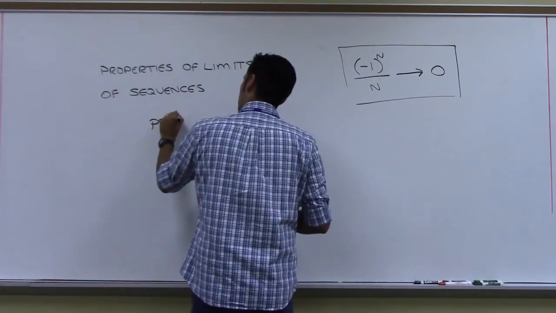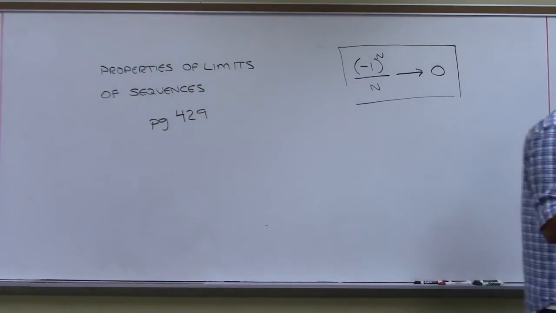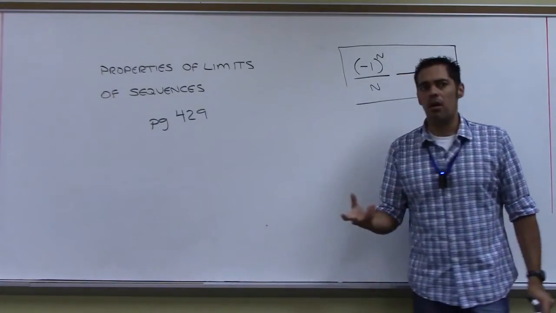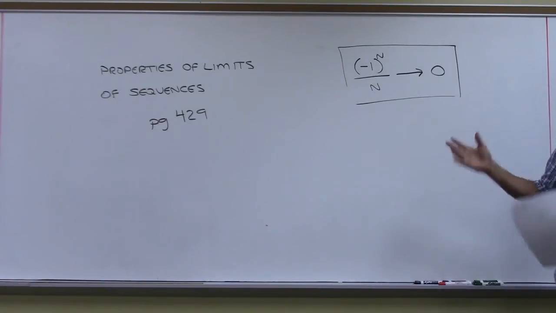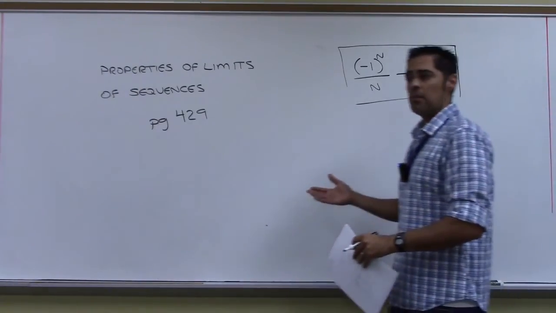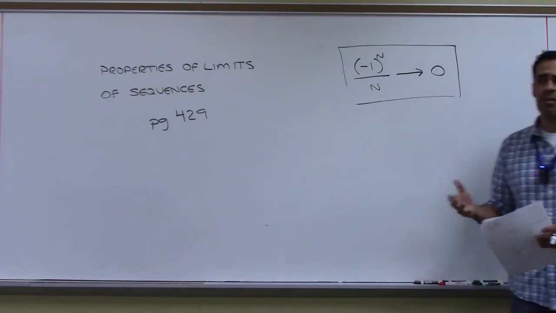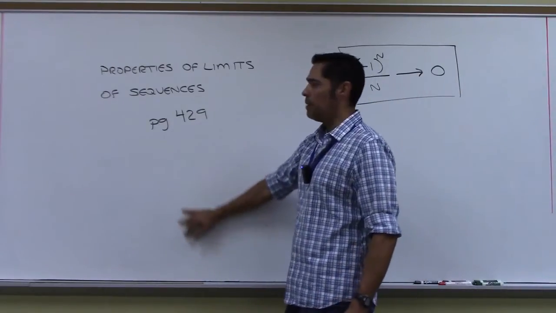And I don't want to write them all down on the board. Now, in Cal 1, when you learned about the limits, you were probably told that there's this thing called limit laws, and they were the properties of limits. And there's a whole set of properties for limits of sequences, and they're very, very similar to the limits that you have with functions. So there's not a whole lot of new stuff here. I just want you to be aware that those limits are listed for you on page 429.